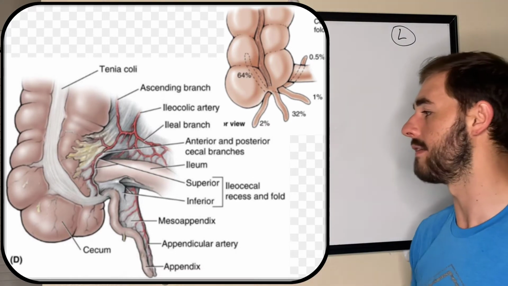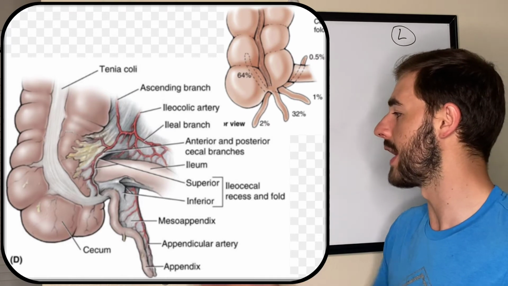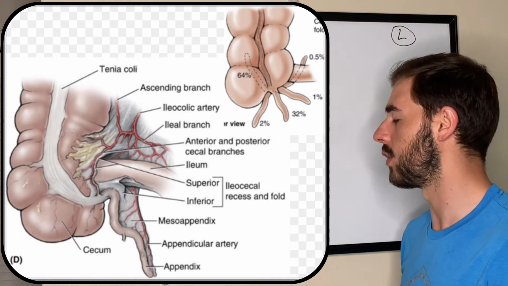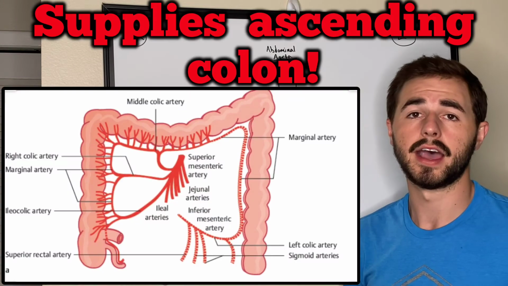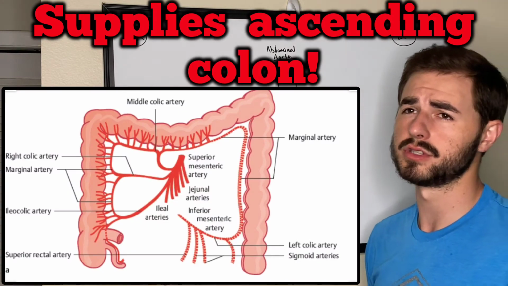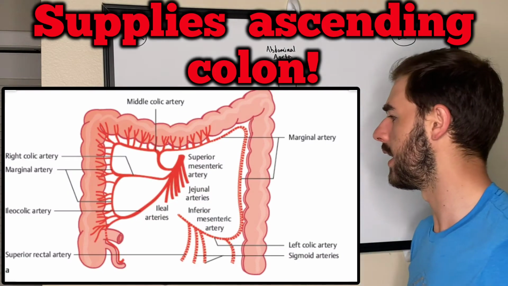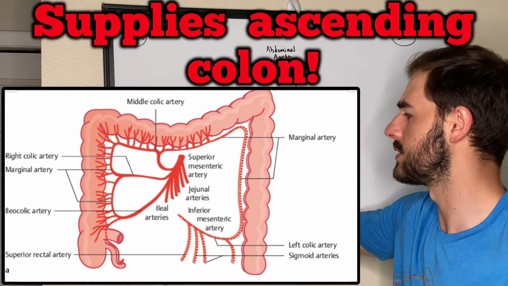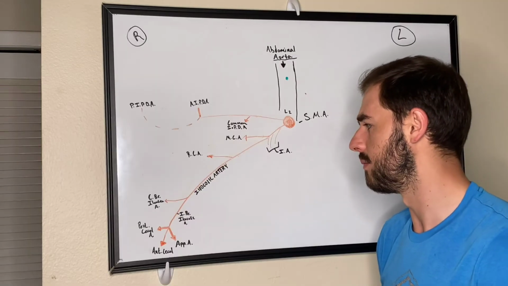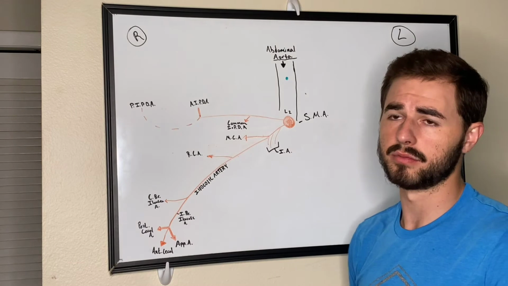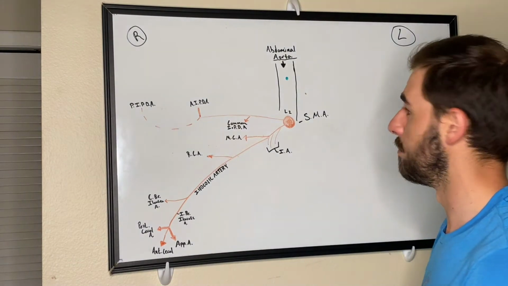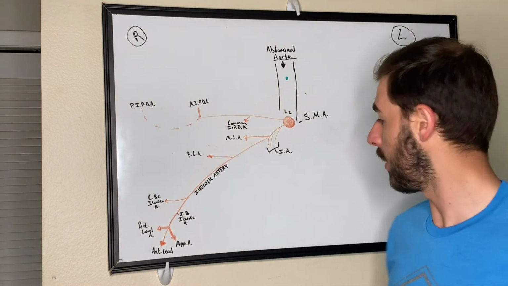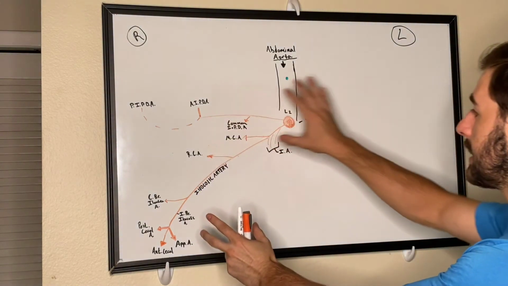And then you have the colic branch of the iliocolic artery, and that's going to supply, I believe, the proximal two-thirds of the transverse colon. And then I'll have Dr. Tato bring that in on the big picture tie-in. But for right now, that's pretty much all you need to see is how that connects.